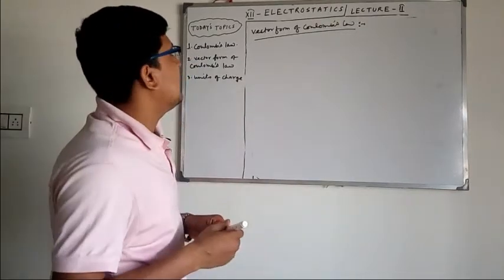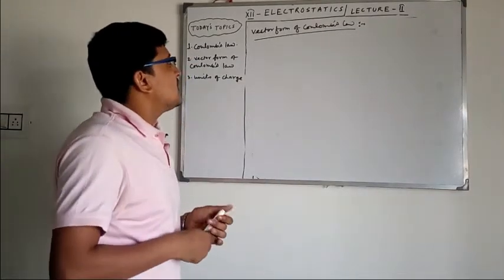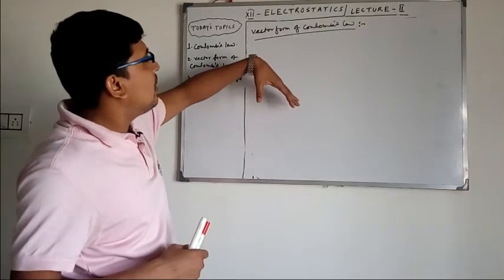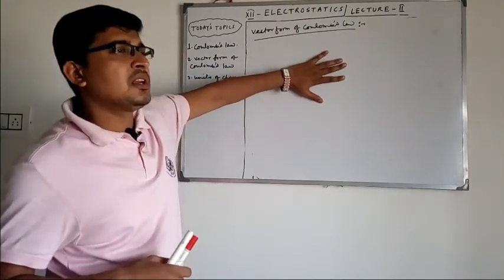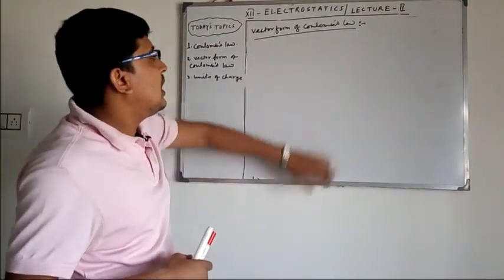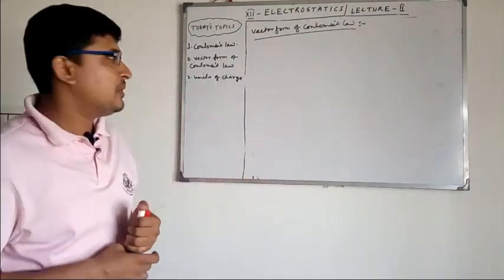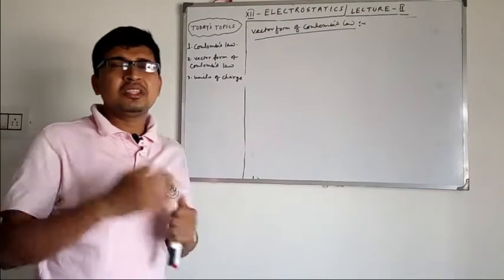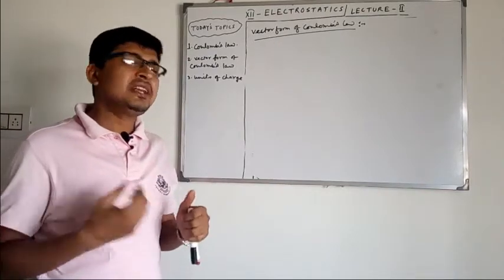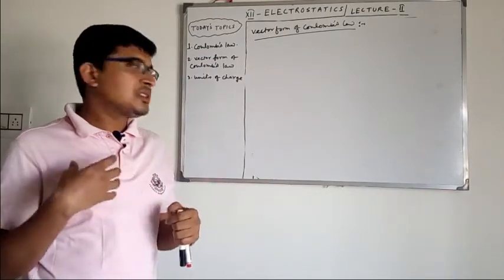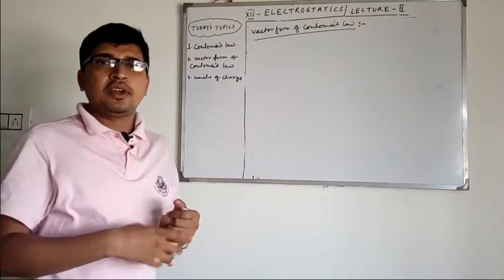We will use it, because why do we find the vector notation or vector relation of force between two charged particles? Because you know that force is a vector quantity, so it is better to express Coulomb's law in vector notation.